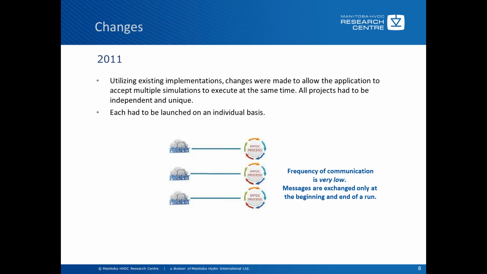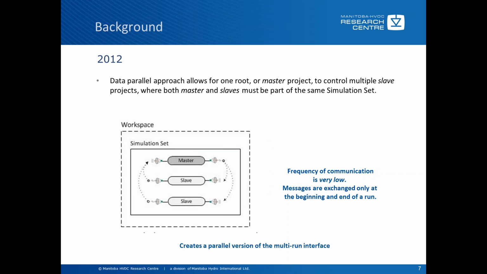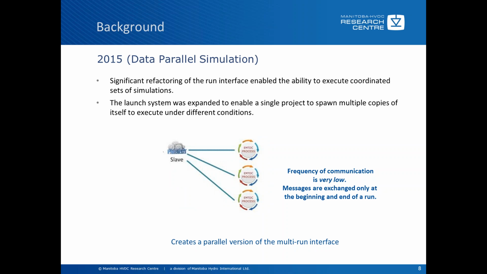So we experimented by running several projects in parallel, and then we also experimented with exchanging data between projects using a master and slave method. And then we got single projects to run multiple simulations at the same time, but under different criteria.